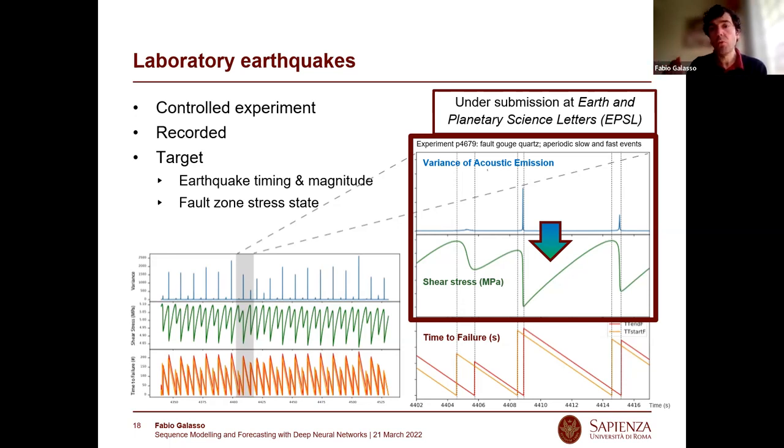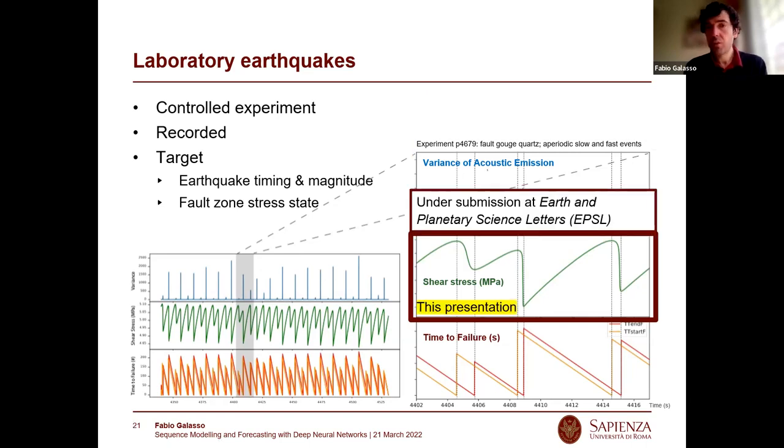So here you really want to estimate how much the shear stress is at that same period of time. So you read anything that has happened so far and you estimate the shear stress. I'm not going to talk about that. So instead, I'm going to be talking about forecasting.